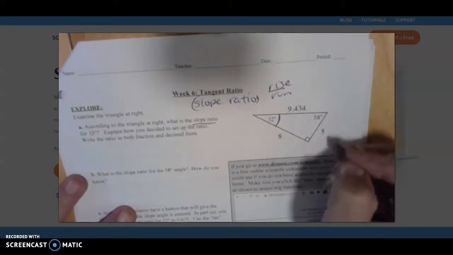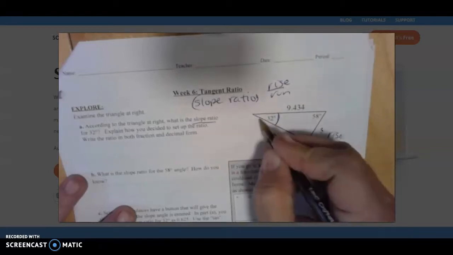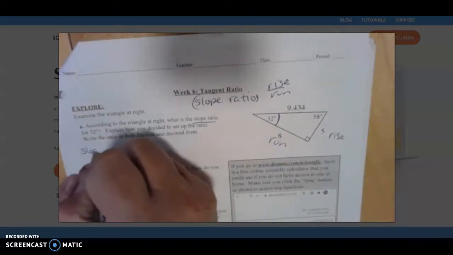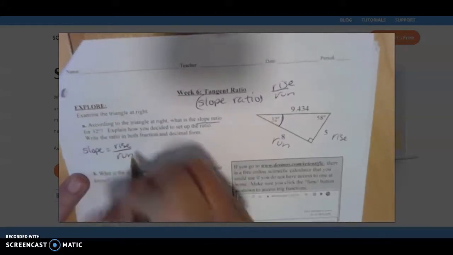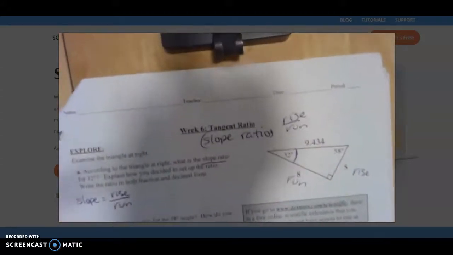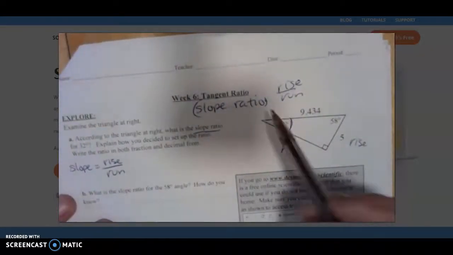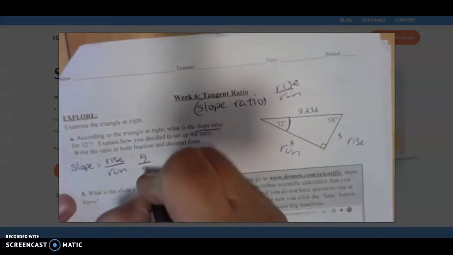So do you see how this would be the rise? This is how high it went, and this is how far, or the run. So if your slope equals rise over run, then from this position, my rise is 5 and my run is 8.